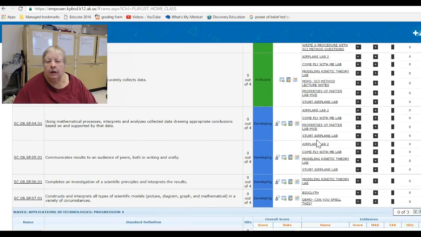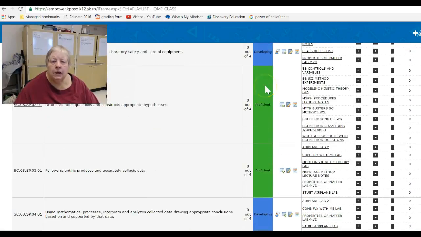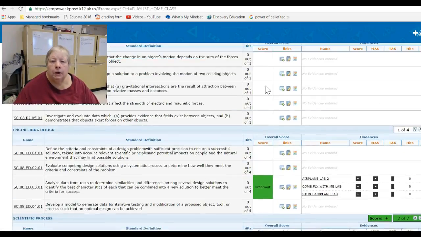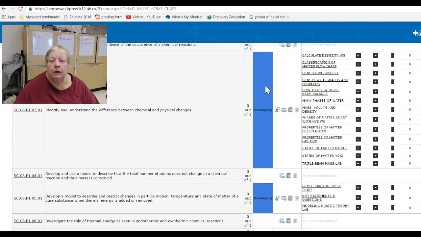So you look down here and you think, well, these are all pluses. How come we don't have those yet? Well, that's because we're still working on those standards. We're still going to have more assignments in these areas as we go through the year. We do process standards all year long. So if they're proficient, it means that the standard is finished. And if it's blue, it's developing. It means we're still working on it.